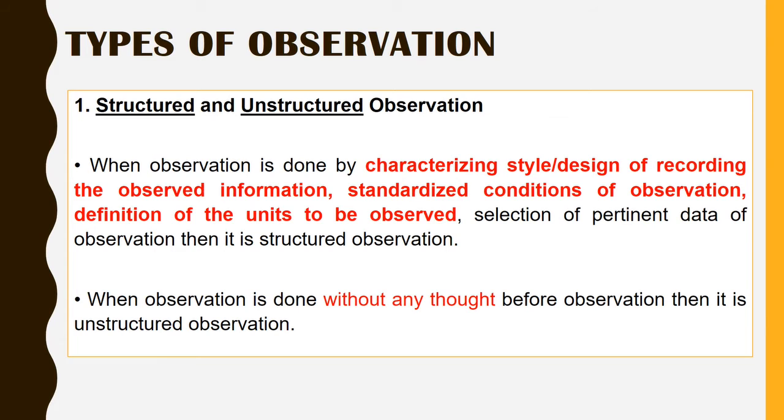You know what you are going to observe. Suppose you are going to the market to observe the people, you have the whole design of how to observe the people and the market. This kind of scenario is called structured observation.